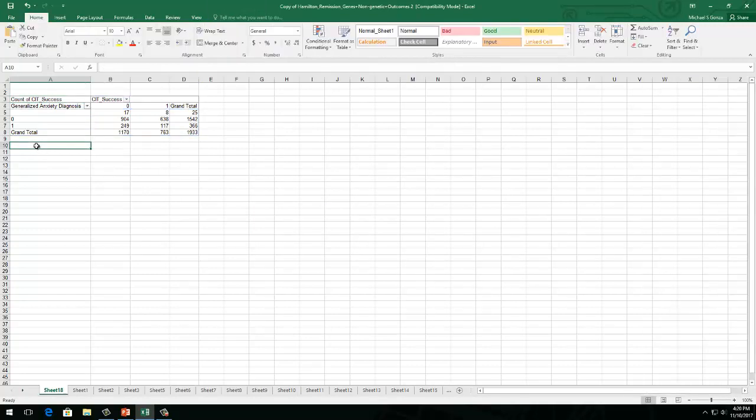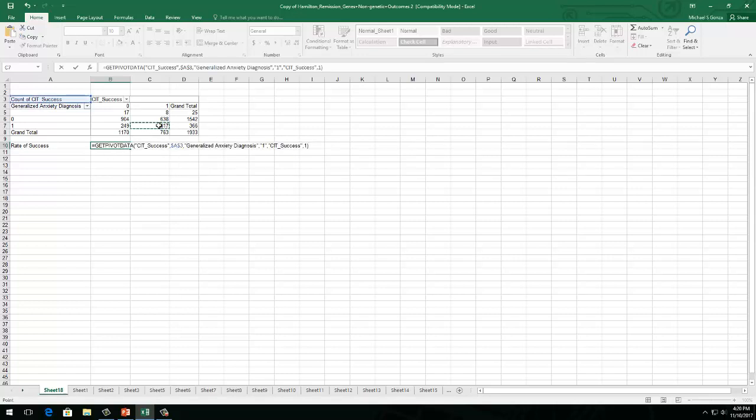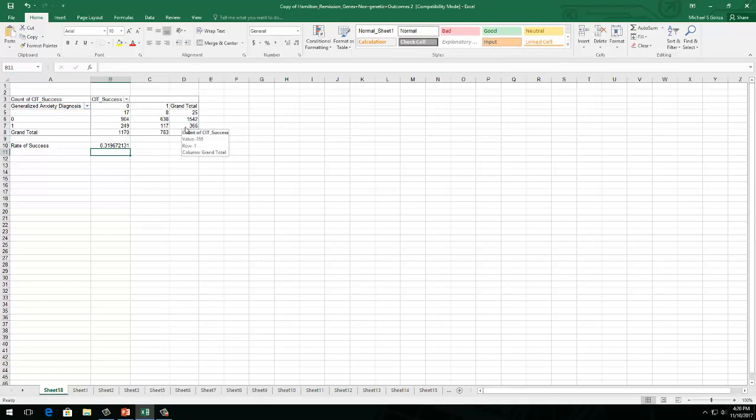Now we're going to want to find the rate of success. To find the rate of success, we're going to divide the success individuals, which is 117, by the total individuals, which is 366. Enter it.